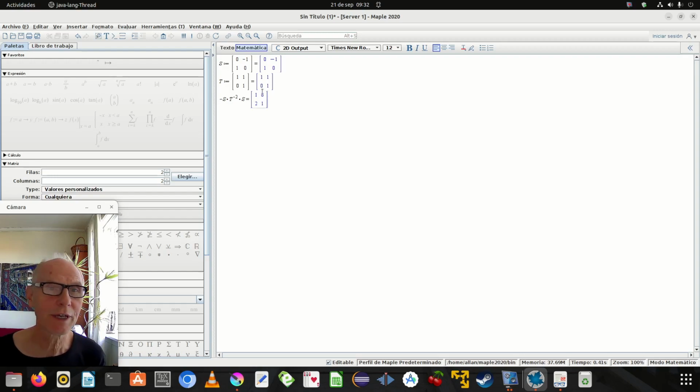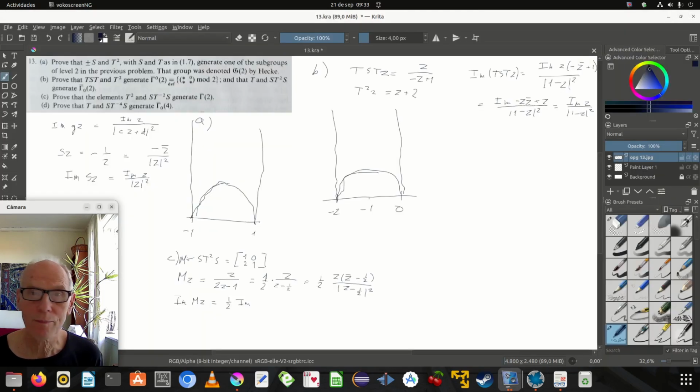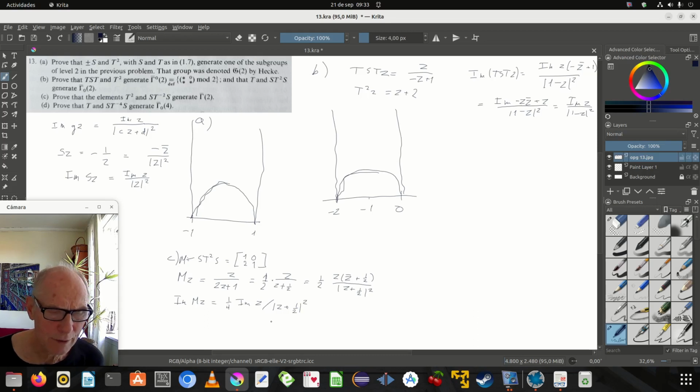I had to compute it again, and then I saw it was plus 1 in the denominator. So it should be plus 1 here, and plus 1 here. So it gives a quarter of the imaginary part of Z divided by the norm of Z plus 1/2 squared.